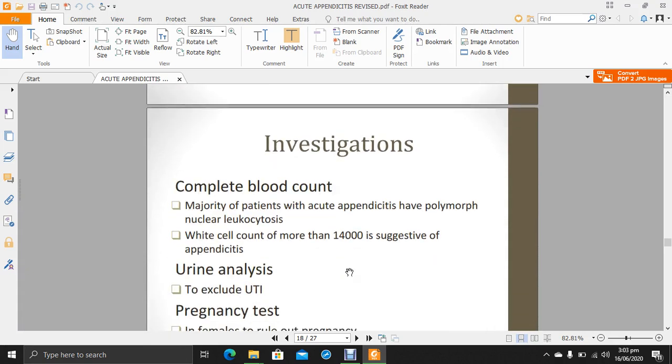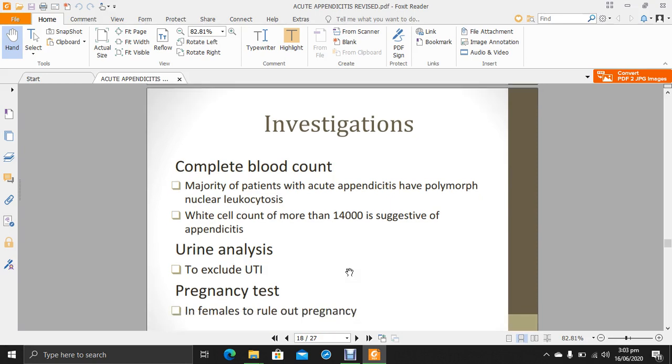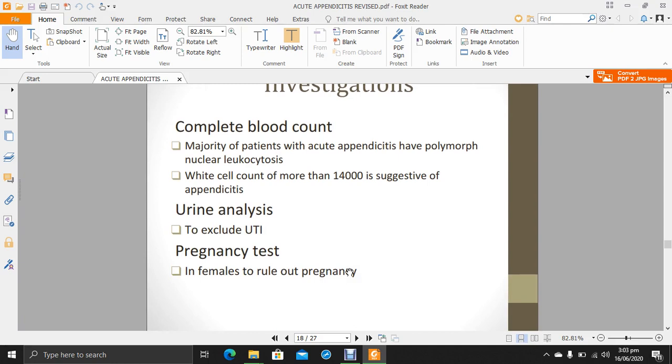Once we have studied the anatomy, the pathophysiology, the signs, symptoms, and the differential diagnosis, our next step is the investigation. The majority of patients with acute appendicitis have polymorphonuclear leukocytosis, and the white cell count will be higher.